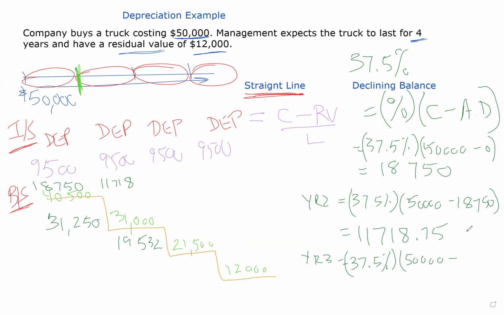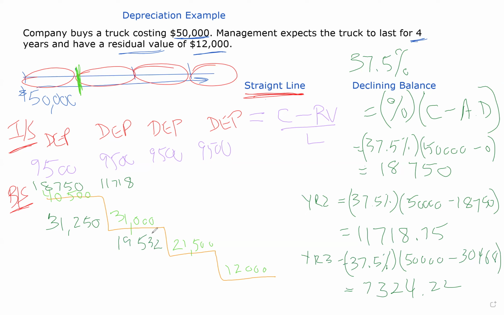Okay, I need to subtract off 30,468. Okay, I'll leave the 75 cents off. And if we calculate the depreciation expense, it is now 7,324 and 22 cents. Okay, I'll put it in there.